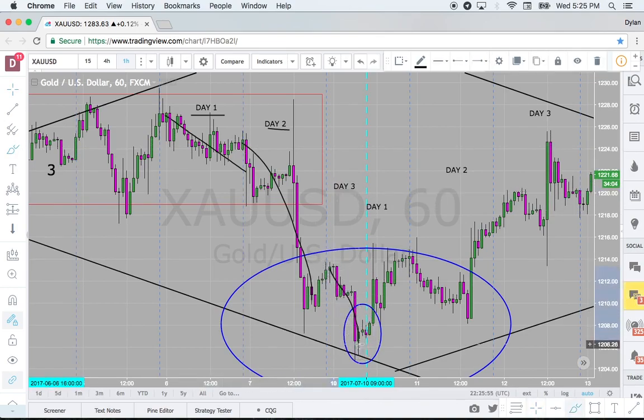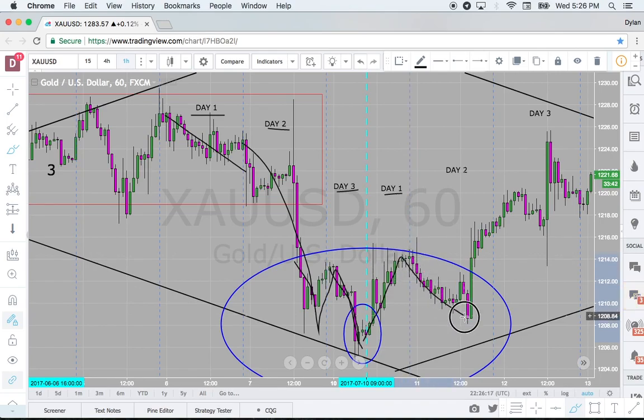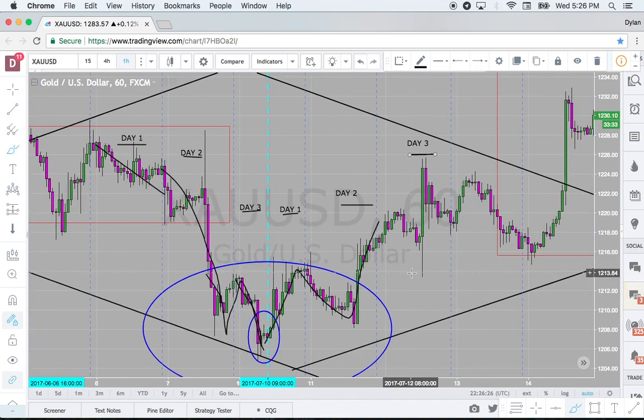What do you know? There's a head and shoulders pattern connecting day 3 of the downtrend to day 1 of the uptrend, and then we can see the 3 days of rise, or the 3 levels as well.